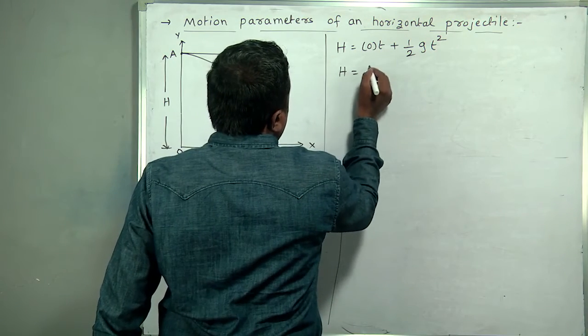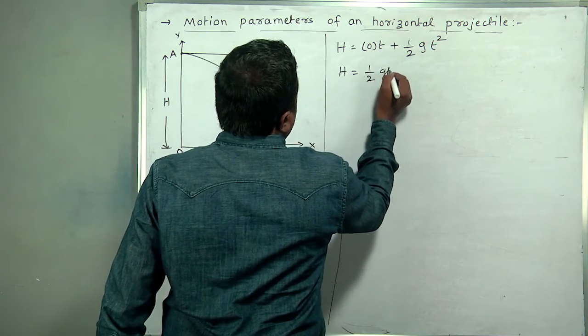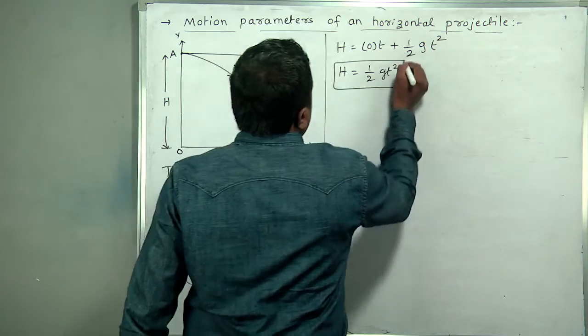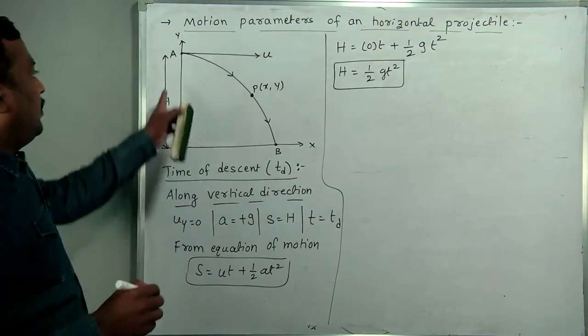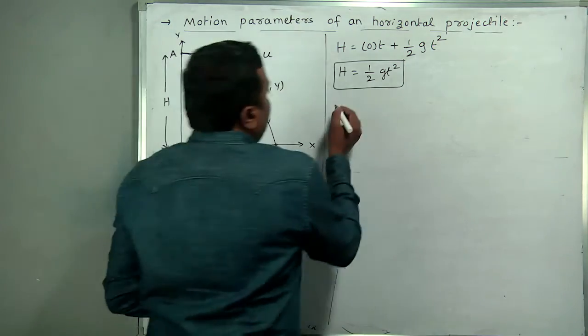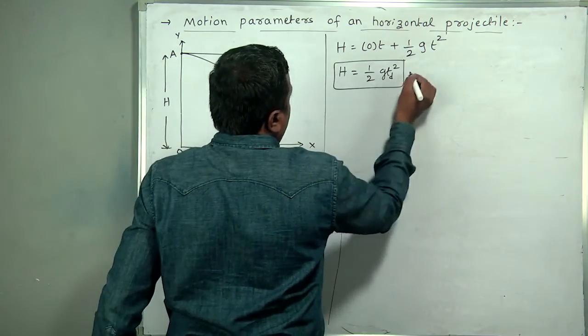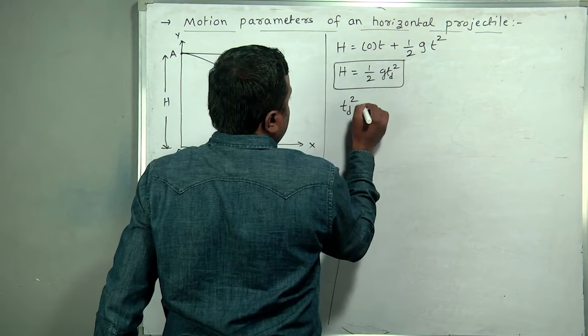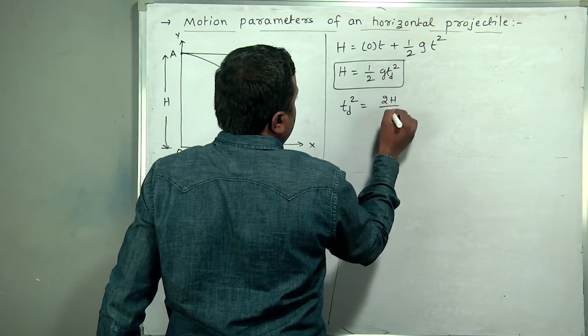With u equal to 0, h is equal to half g t square. This is the height of the body from the ground. Here we should find the time of descent, therefore td square is equal to 2h by g.